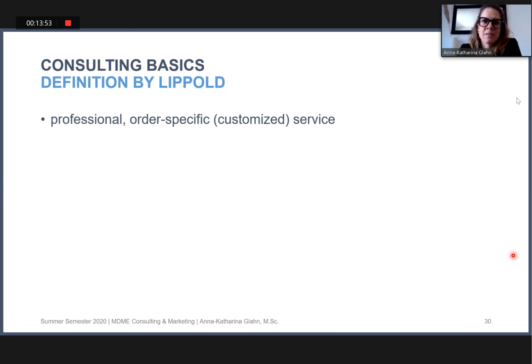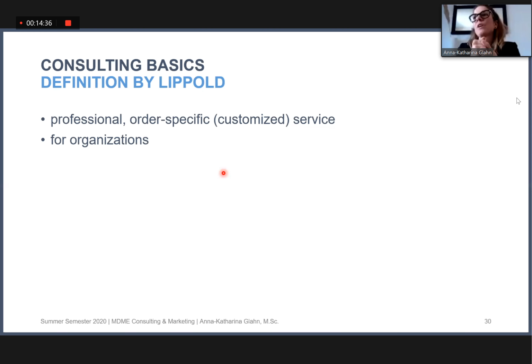that it's a service. So they don't create a product, they offer a service. And it's a professional, order-specific, that means client-specific or customized service. It's not in total repetitive. They offer it to organizations or employees of organizations. So in general, in this kind of definition, it's also a B2B service, because it's called management consulting.